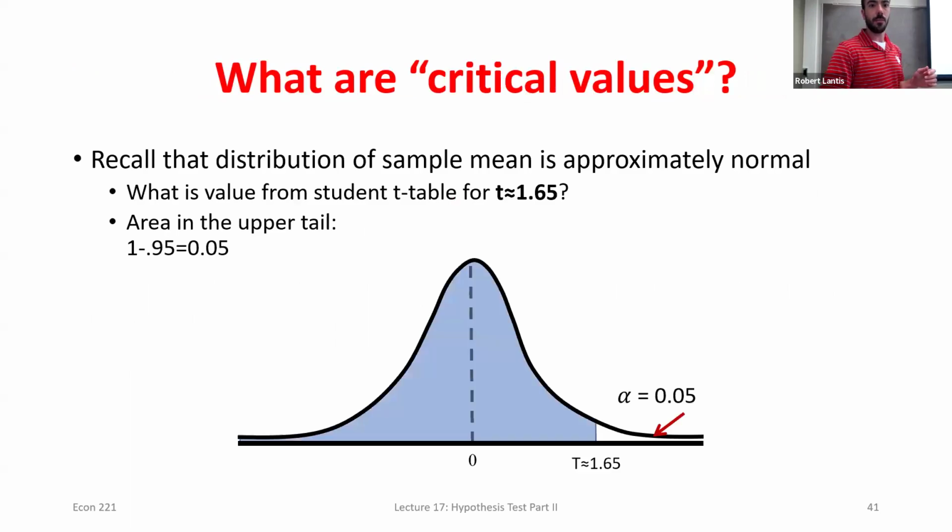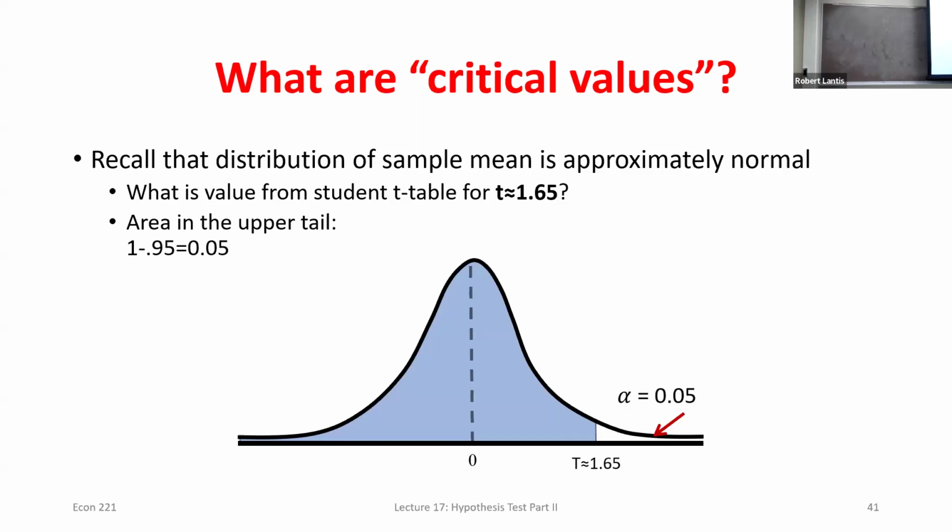I've got a nice visual, and I'll draw this out again. Let's say I did have a right-tailed test. Essentially what I'm saying is, look, I only want to reject the null if the likelihood of seeing my test statistic is below 0.05 in this case.